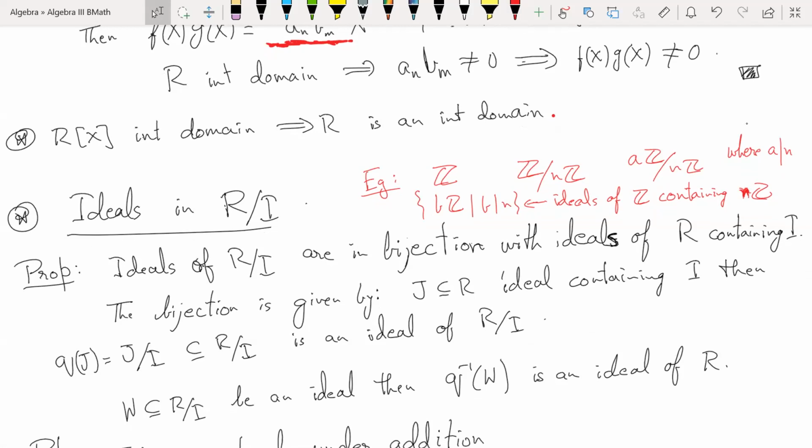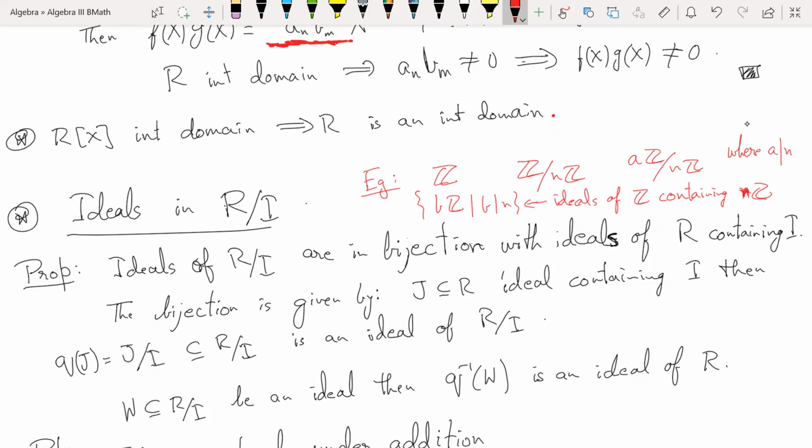The bijection is given by the following. If you take an ideal J in R containing I, then remember J is a subgroup of R and it also contains I, so J mod I makes sense, which by definition is Q of J as well.